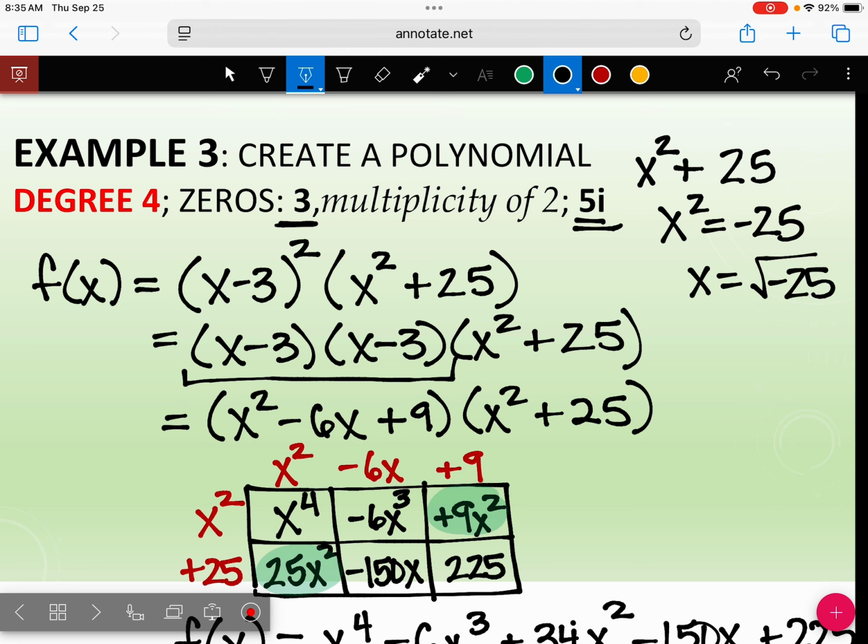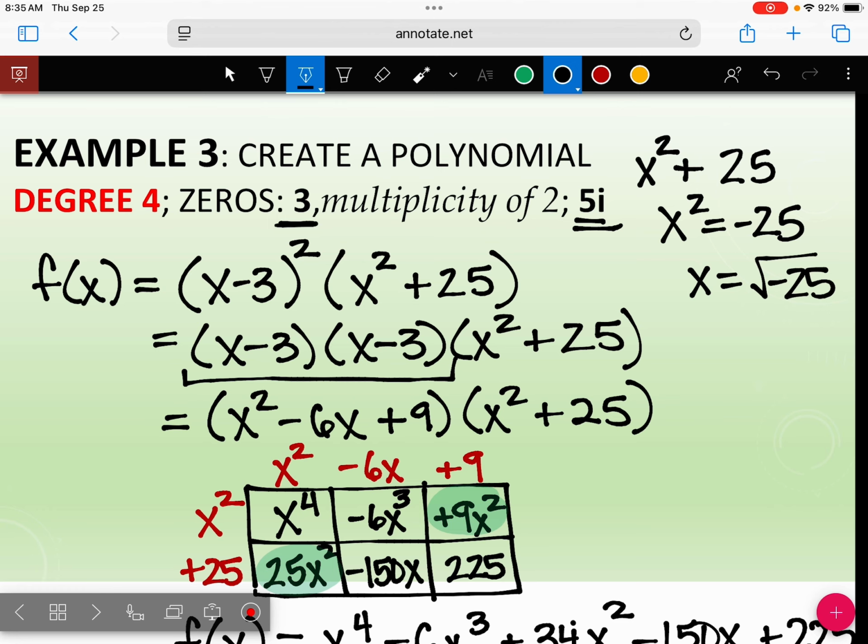So maybe the main thing you just need to remember is that you're squaring the imaginary number, and then it just has to be x squared plus. Because if it was x squared minus 25, well, that gives me 2 real answers, and I'm trying to get 2 imaginary answers. So we have to take the square root of a negative in order to do that.